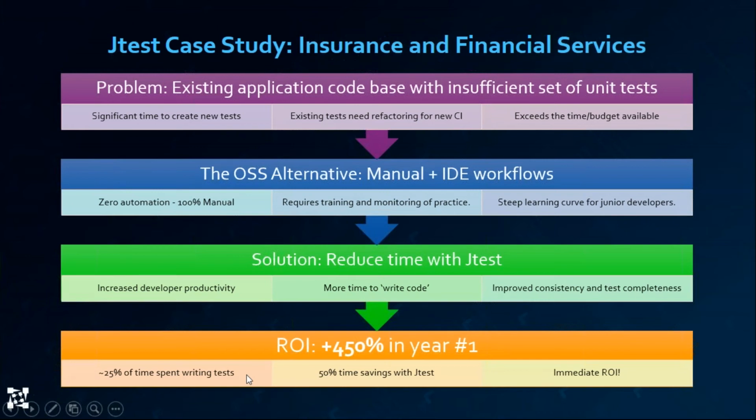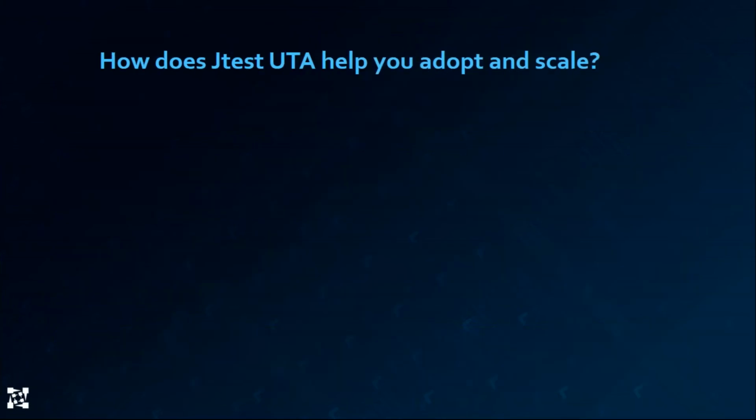This particular organization was spending around 25% of their time writing unit tests. Typically we see 30 to 40% in most cases. But even though they were only spending that amount of time, we were able to cut that time in half, freeing them up to do more testing and go deeper with their coverage, or to focus on their functional behavior and streamlining the team as an organization.